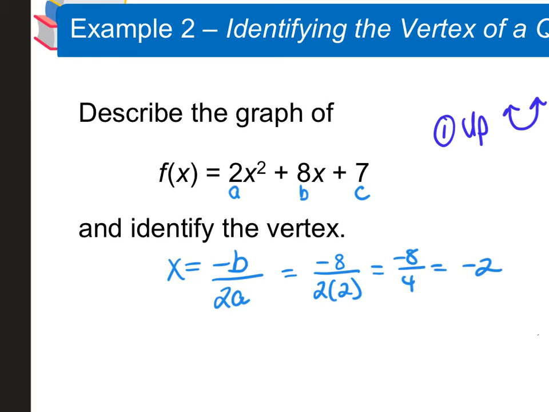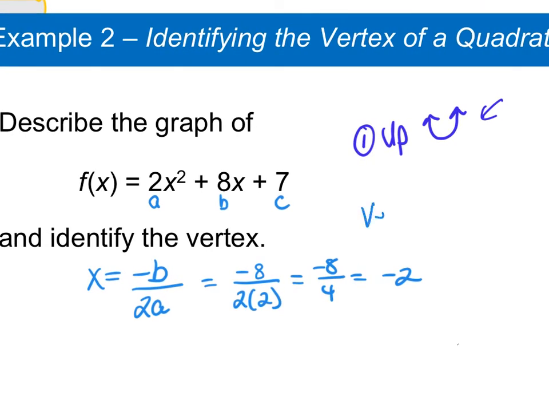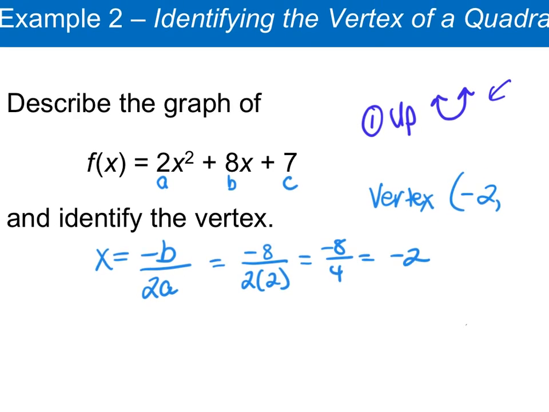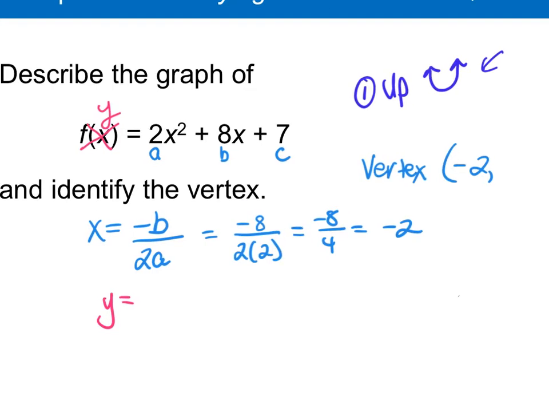So if I'm identifying the vertex, and I know that the x part of my vertex is at -2, that also is my axis of symmetry, how would I find the y part of my vertex? What's f of x a fancy way of saying? Y. So I would say y equals, well, what did I just find out that the x value was? -2.